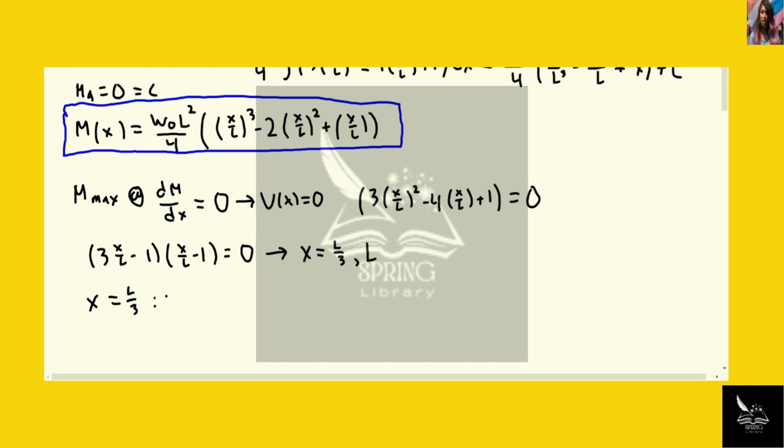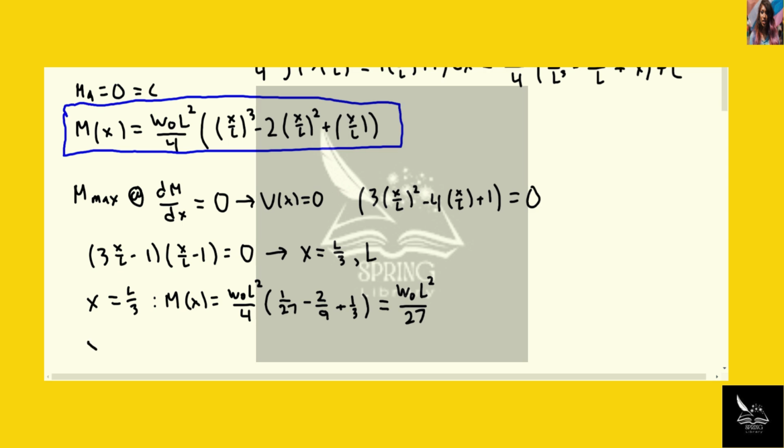And at x equal to L over 3, we get our M equal to our constant, and we'll get 1/27 minus 2/9 plus 1/3. And we'll see that factoring this into x over L simplifies this, and we'll get W0 L squared over 27.